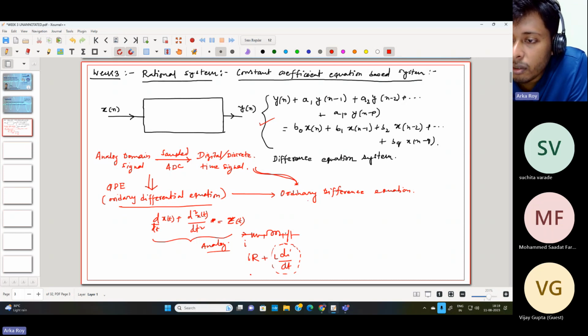However, in the case of a digital system, the same differential equation is basically converted into the difference equation. So that is basically provided like this.